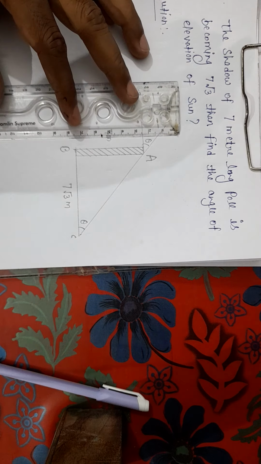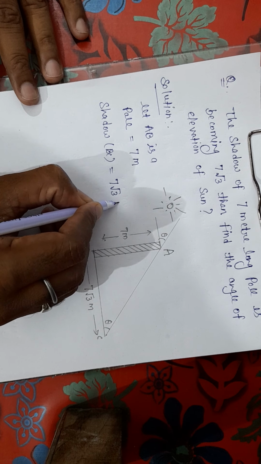So let's see the solution. Let AB be the pole, equal to 7 meter. Shadow BC equal to how much? 7√3 meter.